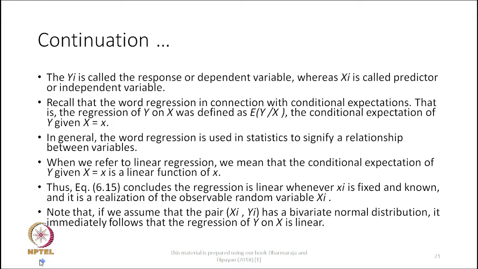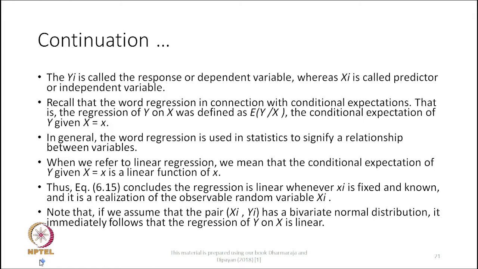So, the random variable yi is called a response or dependent variable, whereas xi's are called predictor or independent variables. The word regression is connected with conditional expectations, that is very important. The regression of y on x is the same as the expectation of y given x.